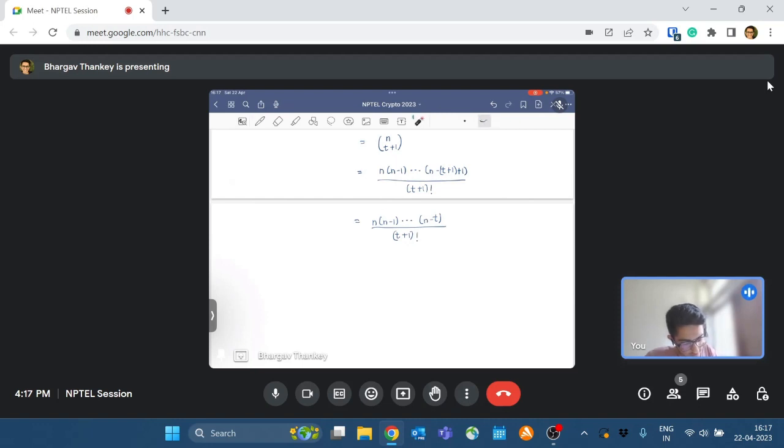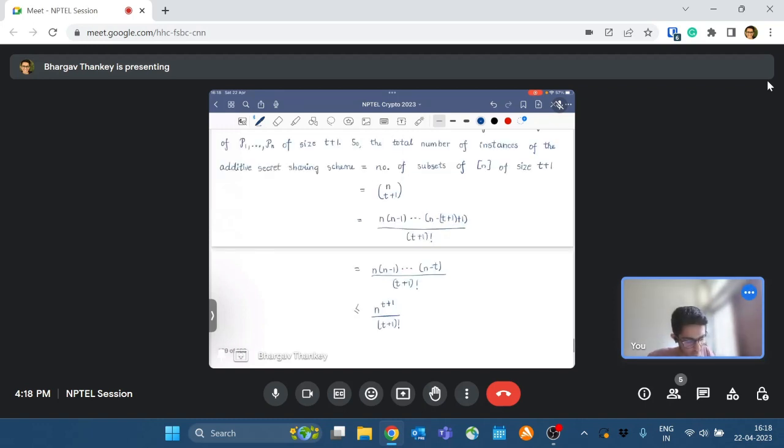Now notice that in the numerator there are t+1 terms, because the first term is n minus 0, the second is n minus 1, and the last is n minus t. So from 0 to t there are t+1 terms. I can upper bound the numerator, since each and every term is at most n. This is the total number of instances of the additive secret sharing scheme that are executed.